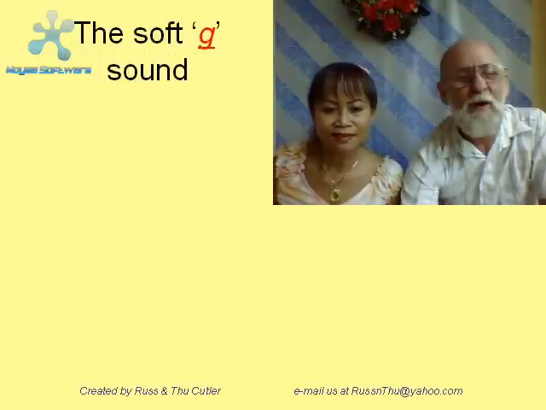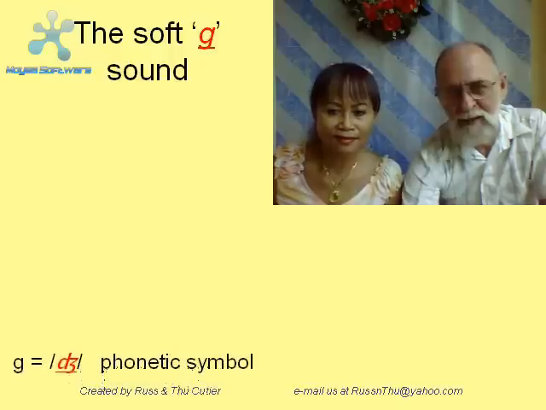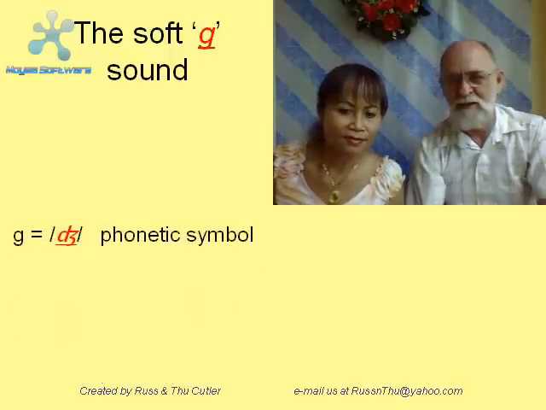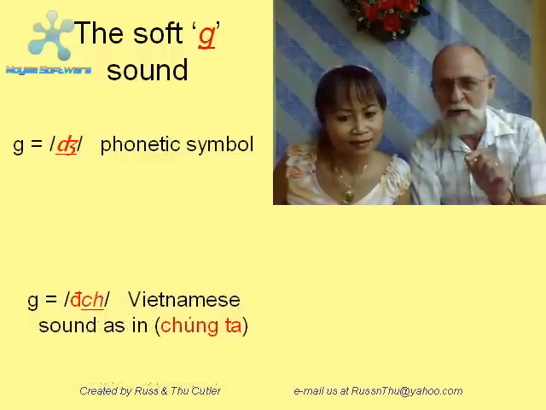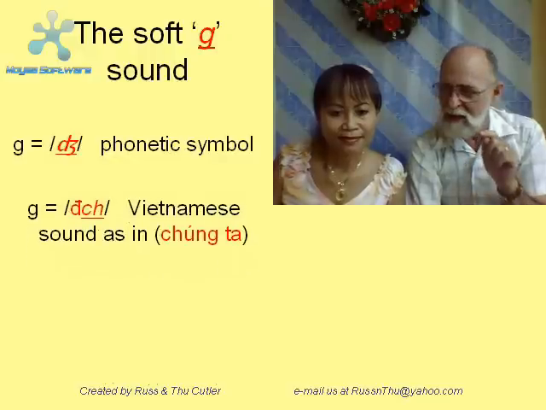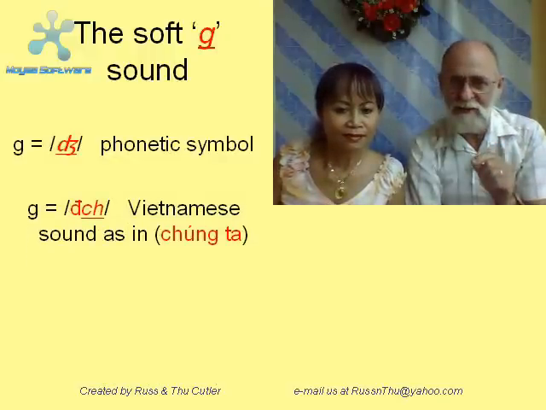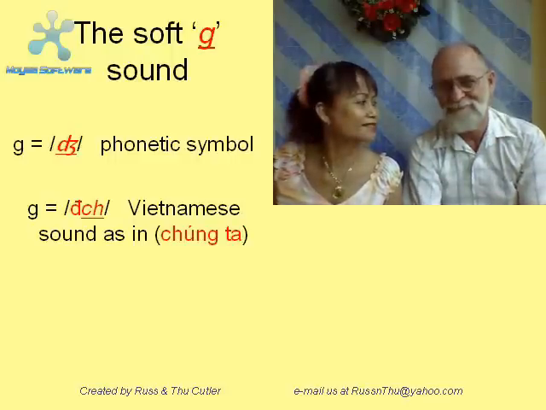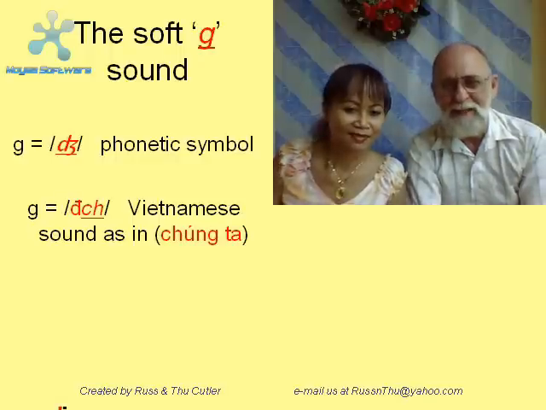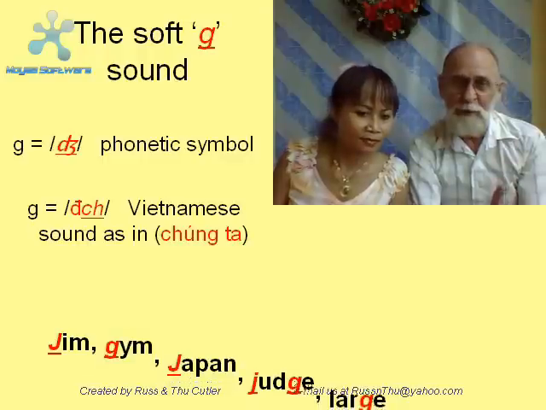Okay, so next up we have the other kind of G. This kind of G is rule number 2. Remember, if the vowel after the G is E, I, or Y, now we say ja instead of ga. So this first word is Jim, the person's name.